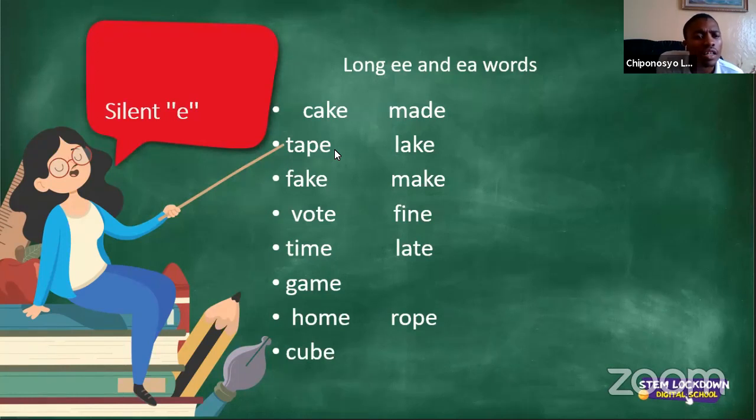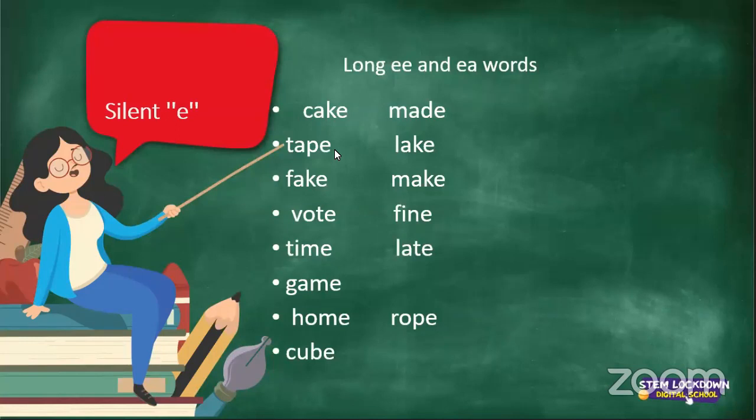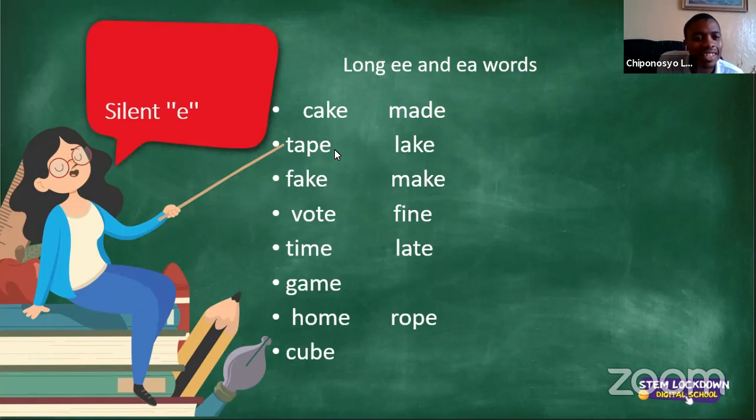Virginia, you have a question? What is lake? You want to know what is lake? All right, I'll explain also what is a lake. Any other question? The last one. Kenzo, you have a question? Yes, sir.